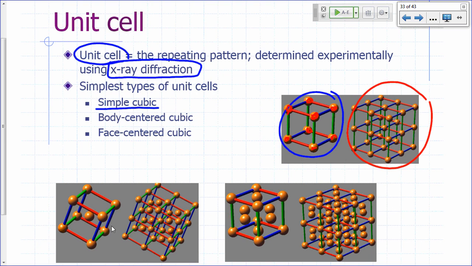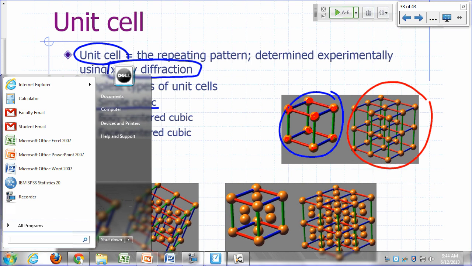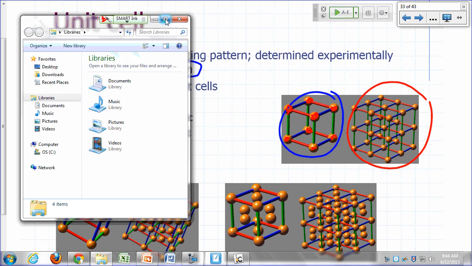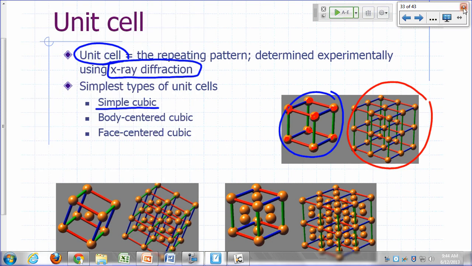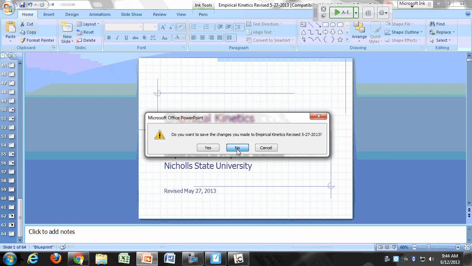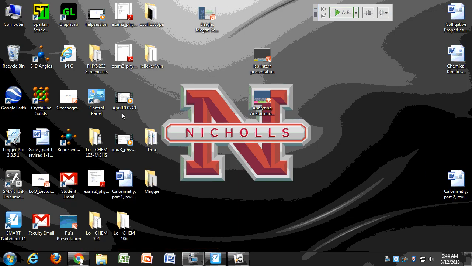There's a program that you can download from UCLA that I have on this computer, that you can use to visualize these crystal structures. It's called crystalline solids.